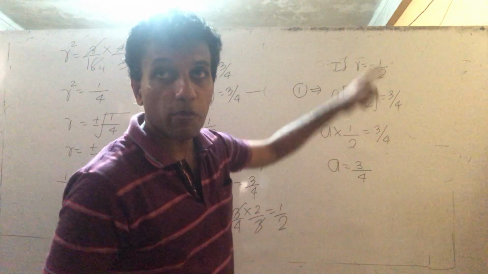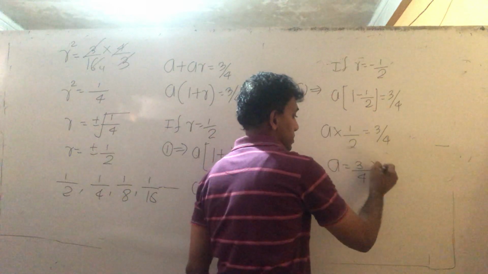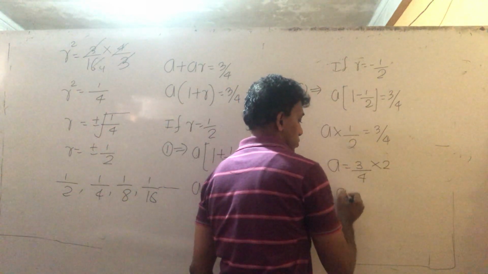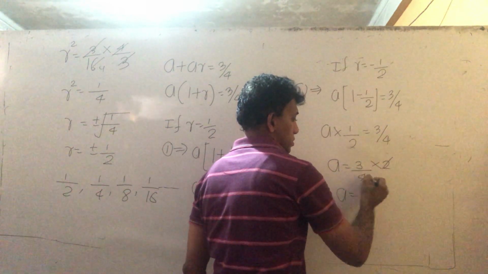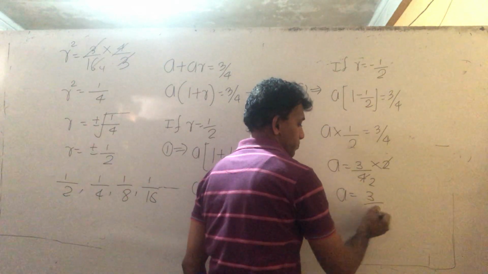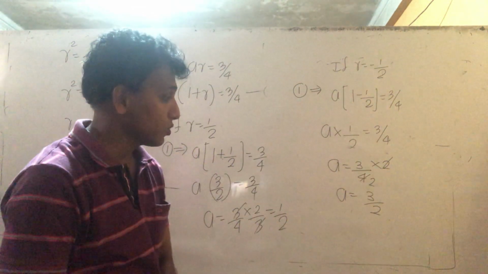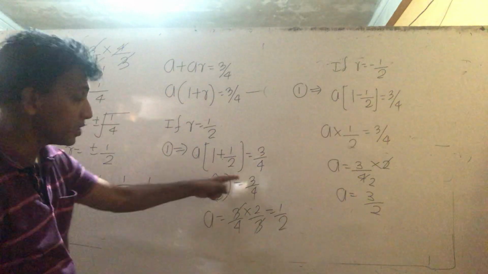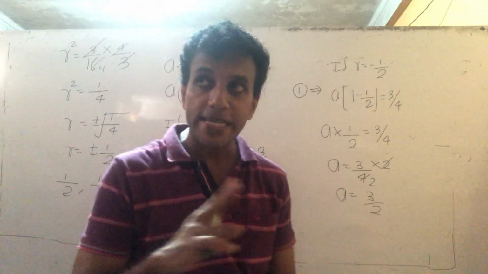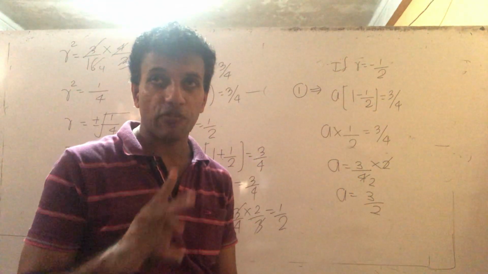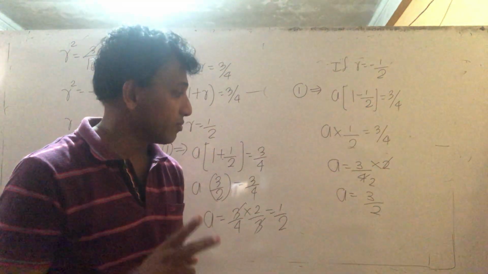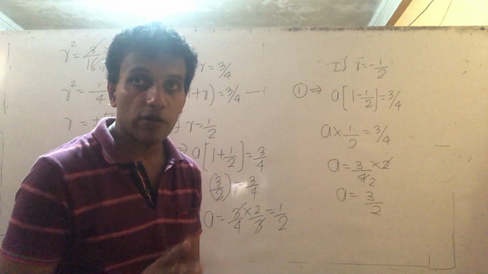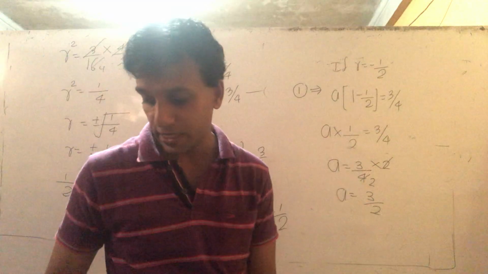Here, multiply by 2, so A equals 3 over 2. The first term is 3 over 2. Earlier the first term was 3 over 4. They have two completely different series, two different first terms and two different common ratios, for the given particular data.